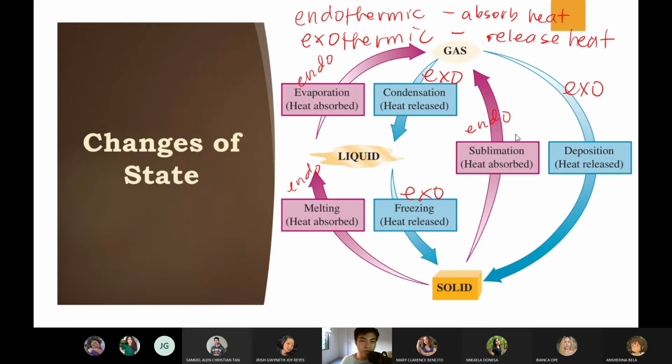So, if you want to condense your phases, ibig sabihin, from gases, gusto mo maging liquid or solid sila, tawag doon condensed phases, kailangan i-release mo yung energy ng particles natin. So, from gas to liquid, para magdikit-dikit sila, yung ating particles, i-release nila yung energy in the form of heat, no?